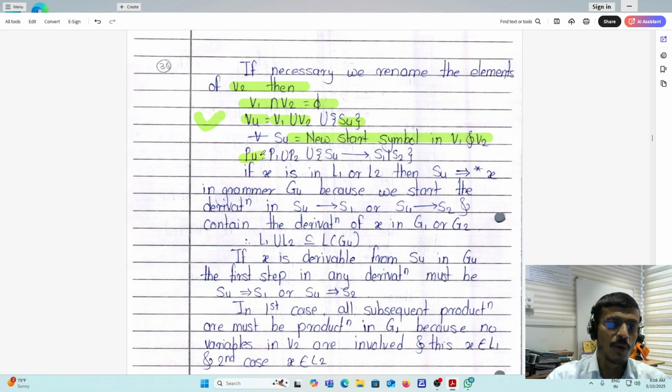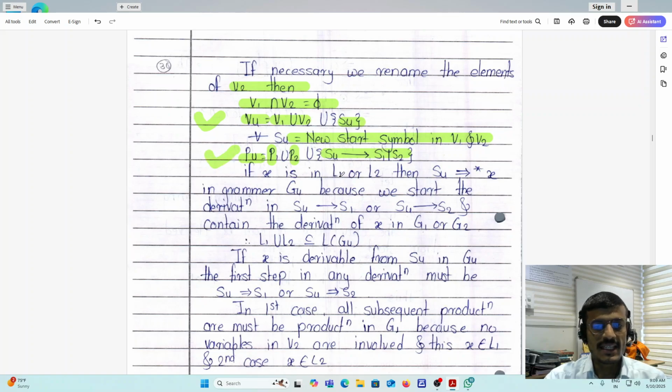Then next one, P_U, the set of productions, will be what? All the productions from the first grammar, all the productions from the second one, and union with S_U tends to S1 or S2, because we don't know whether the new starting symbol S_U goes to S1 or to S2. So that's why we have written it like this.